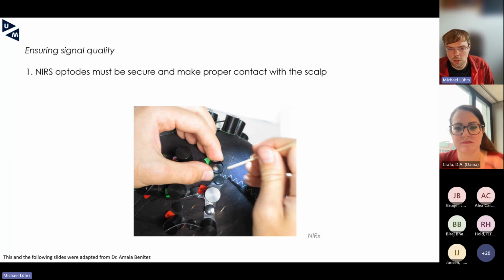And usually you don't have time to individually check each of the channels if you have, for example, a huge montage. So you really have to also get a hold of the amount of time that you need to prepare the cap and the general quality that you want to achieve for this specific task.